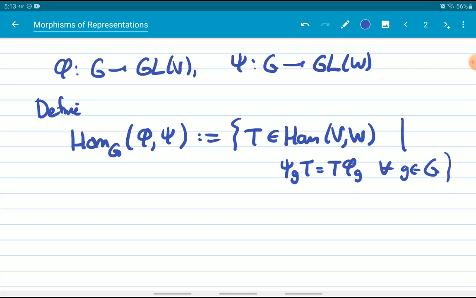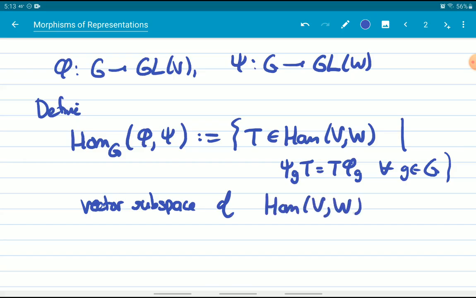So that's the set of morphisms of representations from phi to psi. This is a vector subspace of the set of all linear maps.